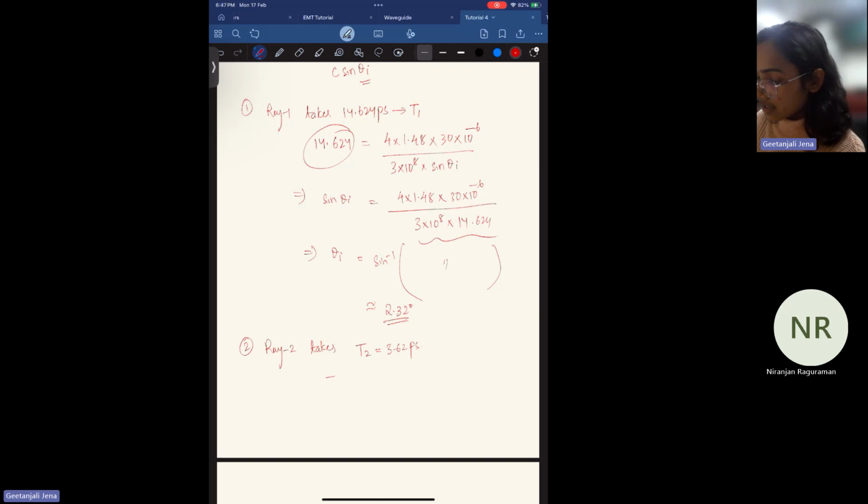So this means this is 4 times, also 4 n1, 1.48, and we have 30 micrometer divided by 3 into 10 to the power 8, sine theta I is equal to 3.62 picosecond. So if you rearrange it, you will get theta I as 9.41 degree.